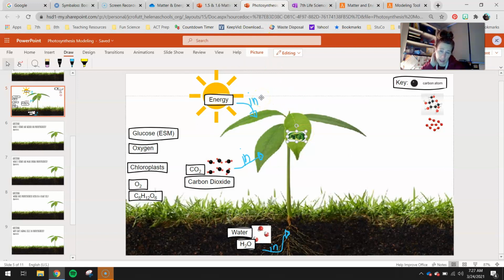One thing that we talked about in class that I didn't talk to you guys about at home is the fact that when you guys look at a plant and you see the green color, it's because that color of light is being reflected back at your eyes. Okay, so if you guys have ever messed around with little glass prisms and light, where you guys have refracted light and then it shows up as the rainbow, all white light is made up of all the colors of the rainbow.